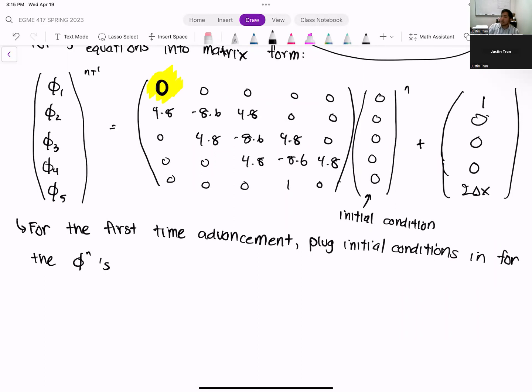Then we're going to multiply that through and add that to our forcing vector on the right, and that's going to give us our solution after the first time step.